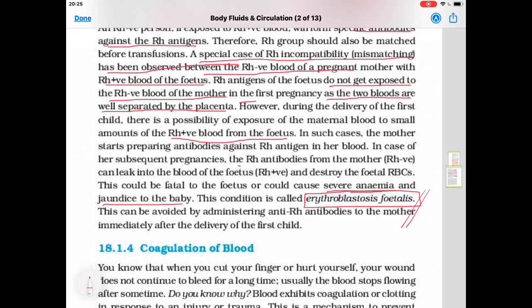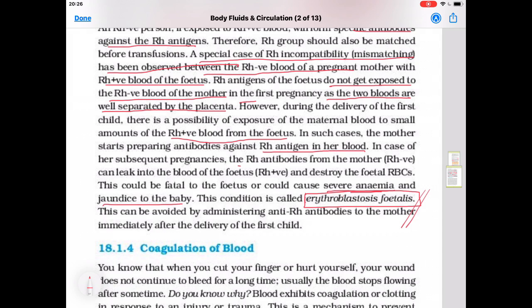In such cases, the mother starts preparing antibodies against Rh antigen in her blood. In case of her subsequent pregnancies, that is in the next pregnancy, the Rh antibodies from the mother can leak into the blood of the fetus and destroy the fetal RBC.